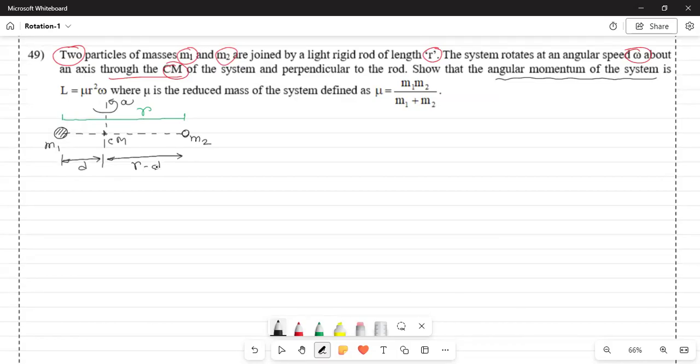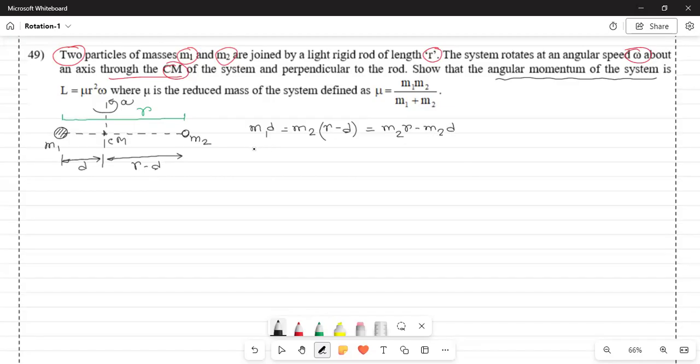According to that formula, mass M1 multiplied by its distance d from the center of mass will be equal to mass M2 multiplied by its distance from the center of mass, which is r minus d. This is M2r minus M2d.